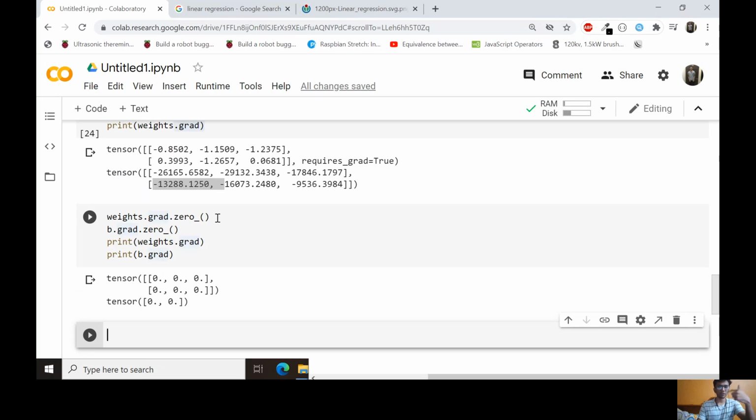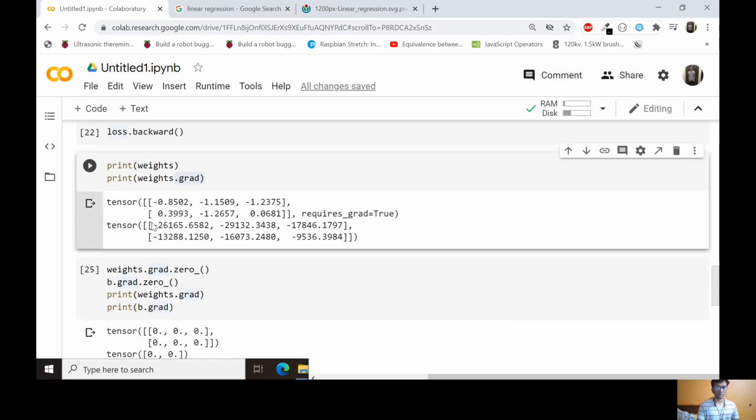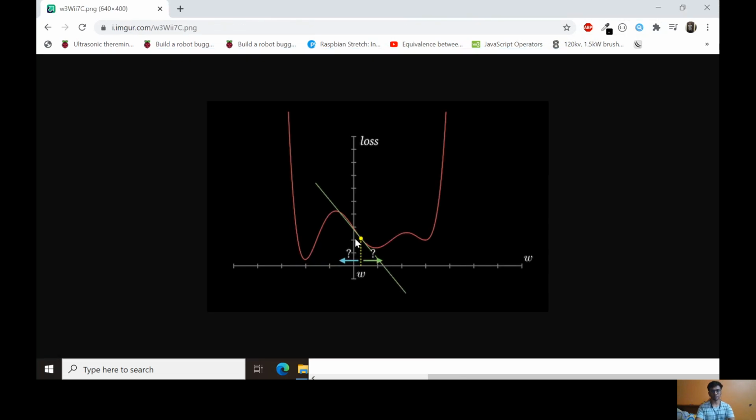In the loop, when we loop it through, just remember one thing. Whenever you get the gradient, we will multiply it with a certain coefficient. It will be a very small number. And we will subtract it from the original number so that it gradually improves. Let's take back this example.